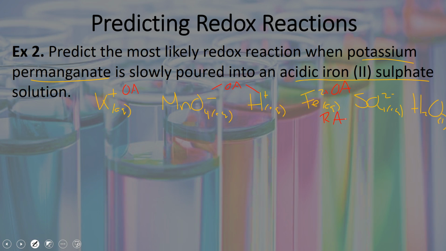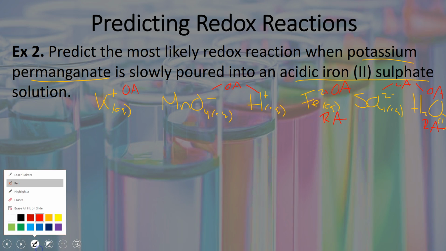Reduced, yeah, gained electron, right? But Fe2 could go to Fe3+, or can go to Fe solid. That's why it has both of them. If it's iron 3, you could only be the gaining of electrons. There's the reaction between sulfate and water. So this is an OA. And last of all, water is both an OA and an RA.